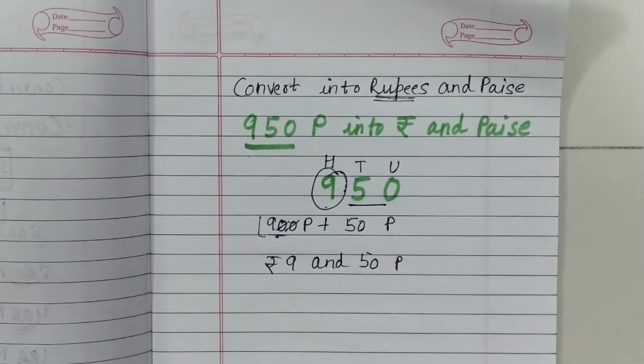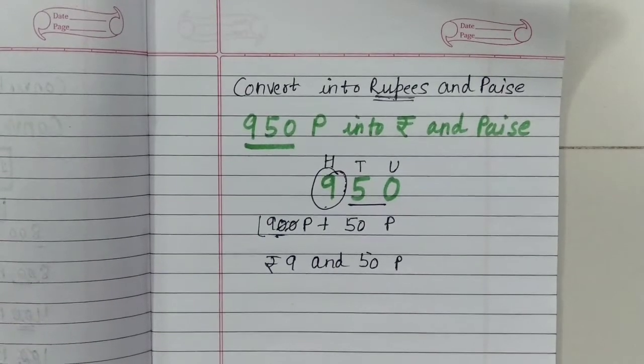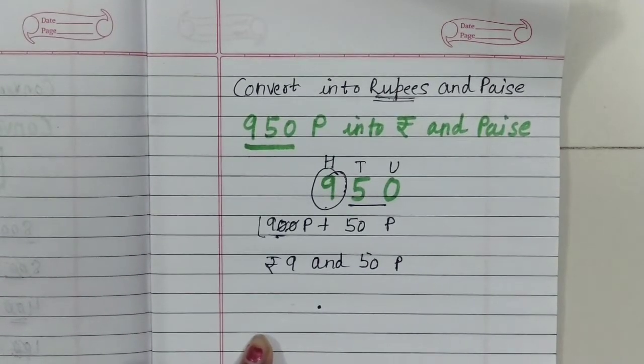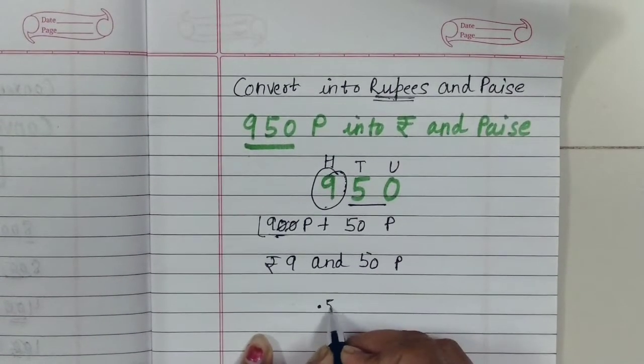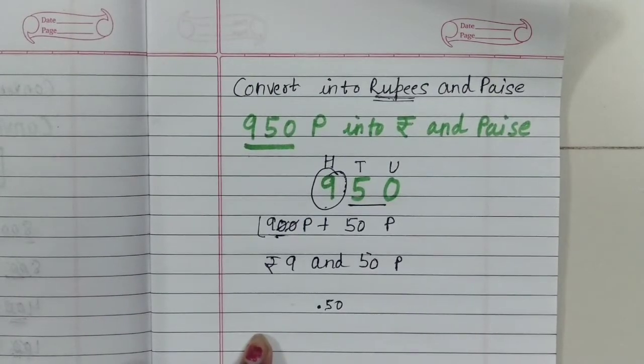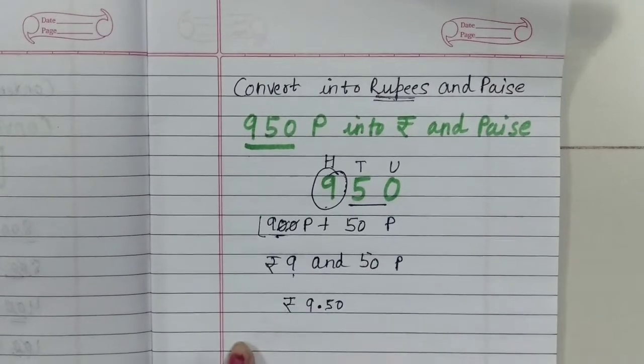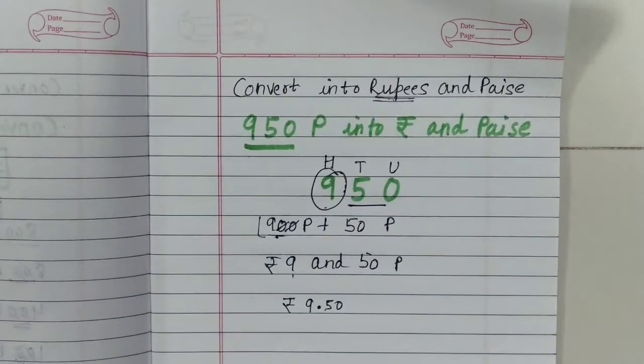In first class we already discussed how to write rupees 9 and 50 paisa. Firstly you put the dot. On the right side of the dot we write paisa, and on the left side of the dot we write rupees. So it will be rupees 9.50.